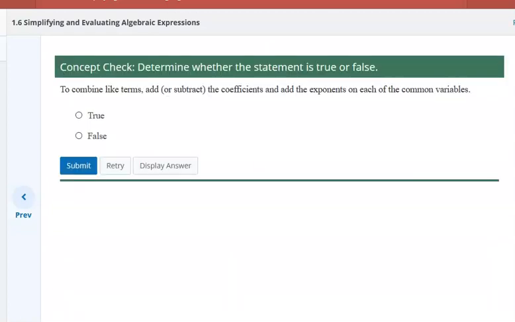So in your notebook, you're going to write concept check. To combine like terms, add or subtract the coefficient and add the exponent of each to the common variable. Well, we don't add exponents, so this would be false.